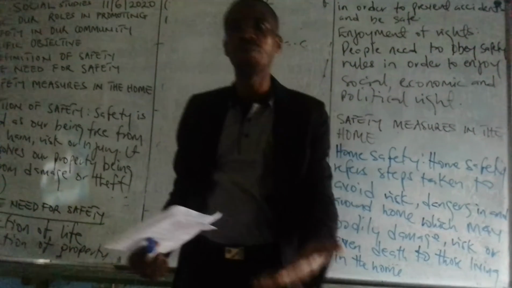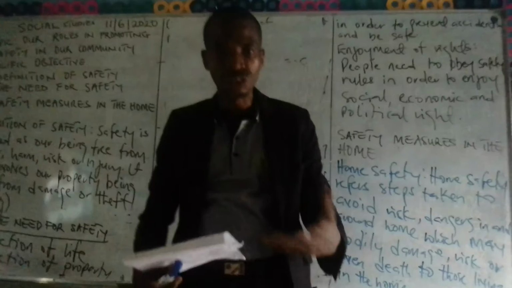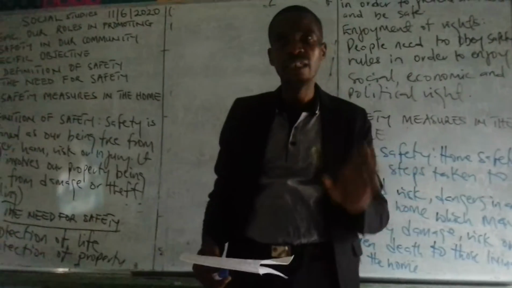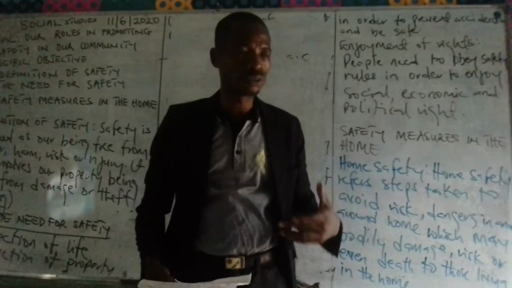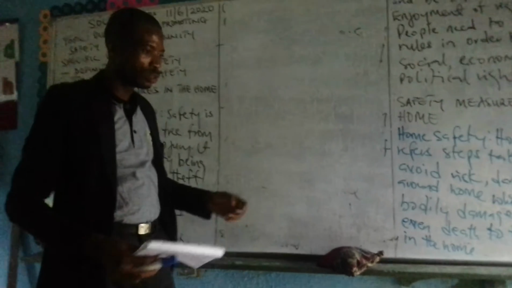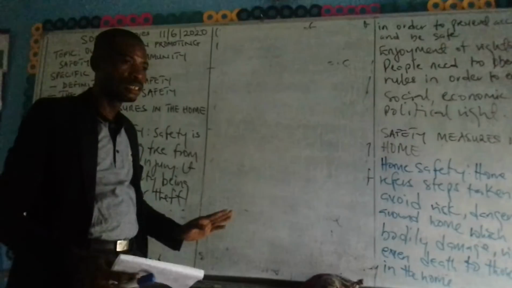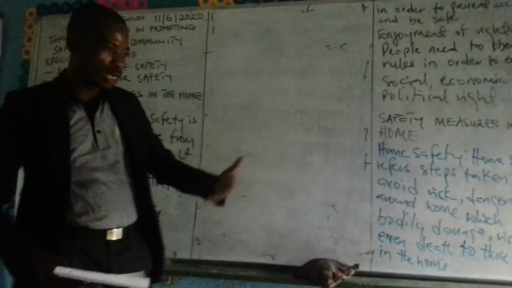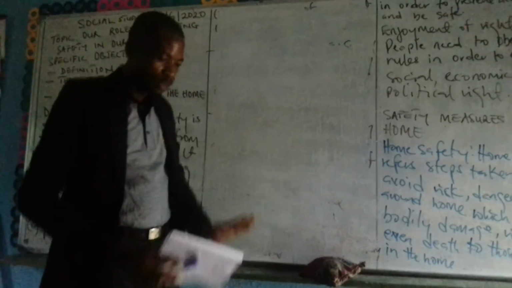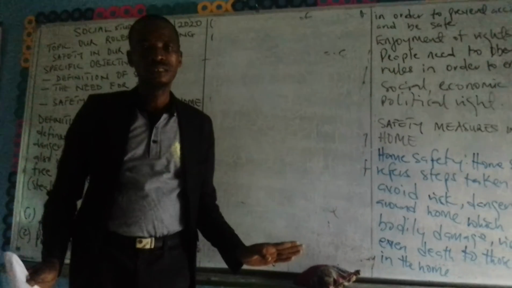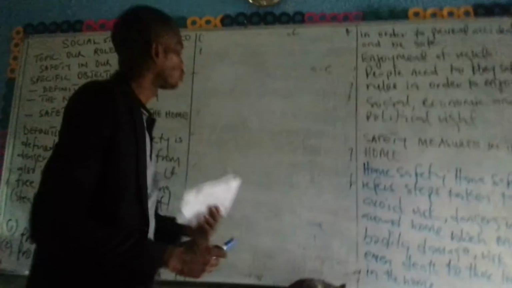The floors must be cleaned and dried in order to avoid falls in the home. Once the floors are kept clean and dried, where children are running, slipping will be avoided. You understand? So that is what we are trying to say here.